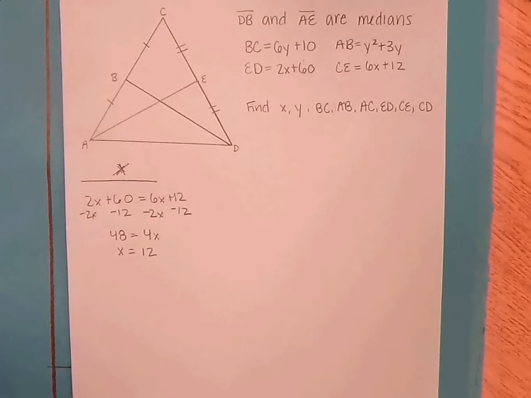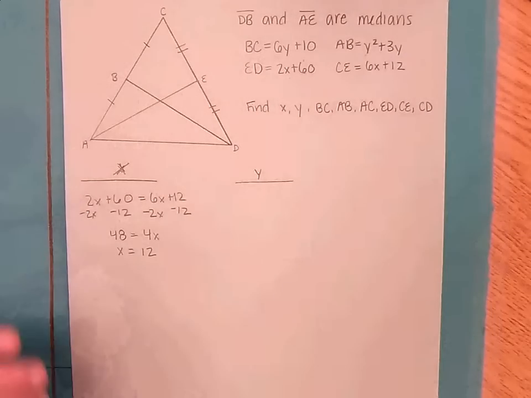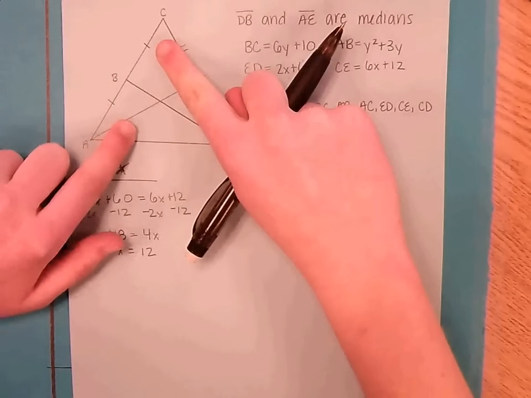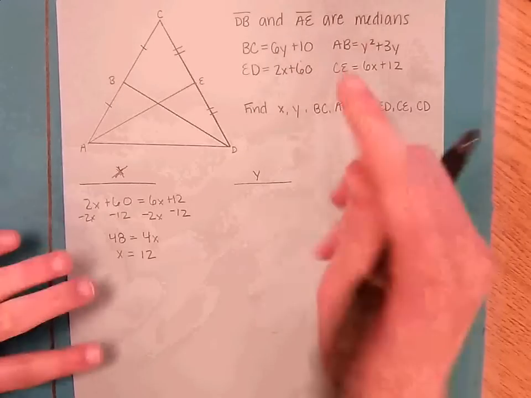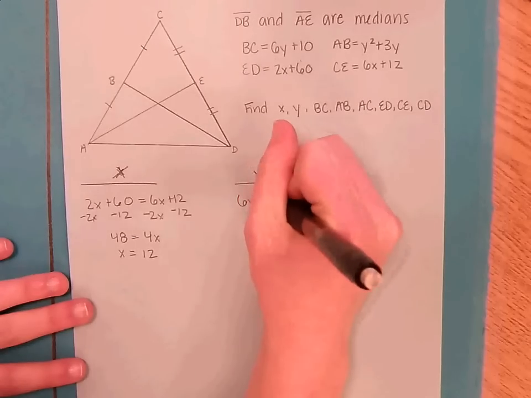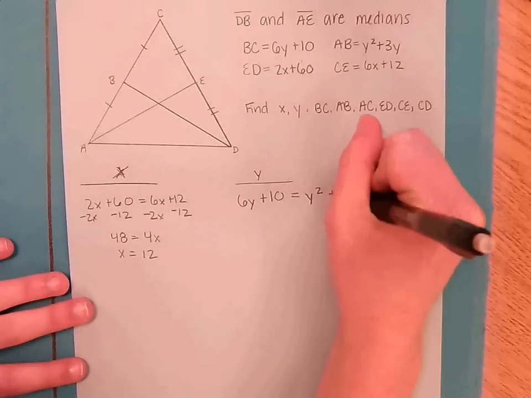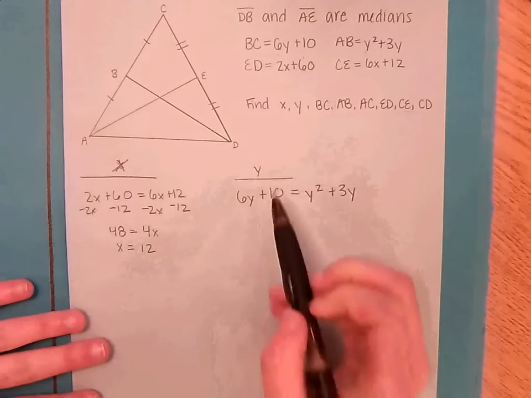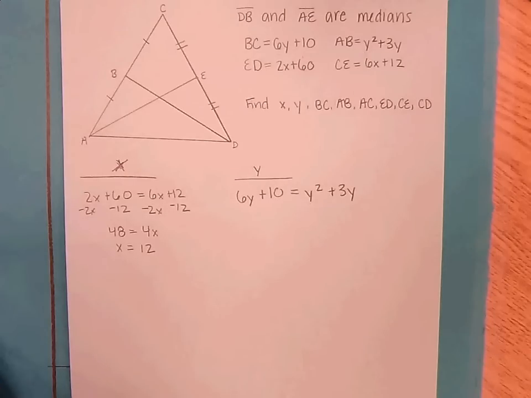Alright, now we're going to do y. Since AB is equal to BC, we're going to set these equal to each other. So you have 6y plus 10 equals y squared plus 3y. I'm going to move everything to the right side of my equal sign to not have to worry about any negatives.